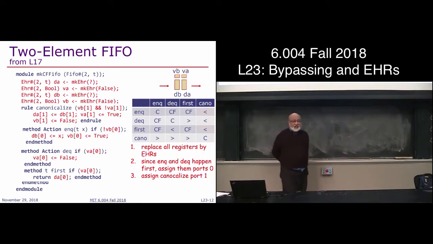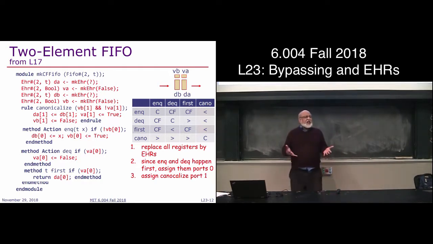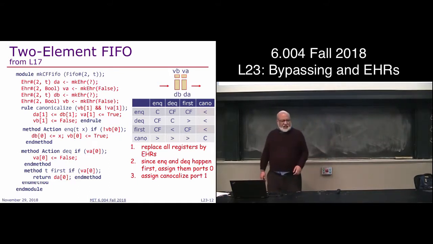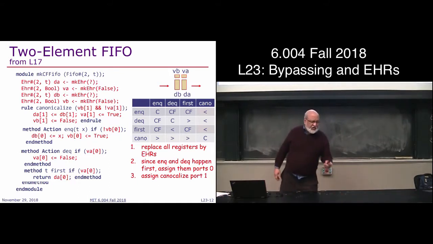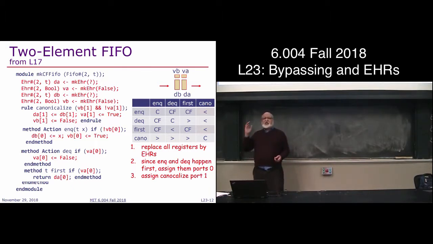So by definition, canonicalization is seeing the updated values, right? All the values, they haven't been updated in the register yet, but we have provided extra paths, we have provided bypasses so that they can all view the values that are coming in to NQ and DQ, etc. So now this FIFO is wonderful because it's conflict free, and you can keep doing NQ and DQ every cycle in it. There is no dead cycle in the middle.